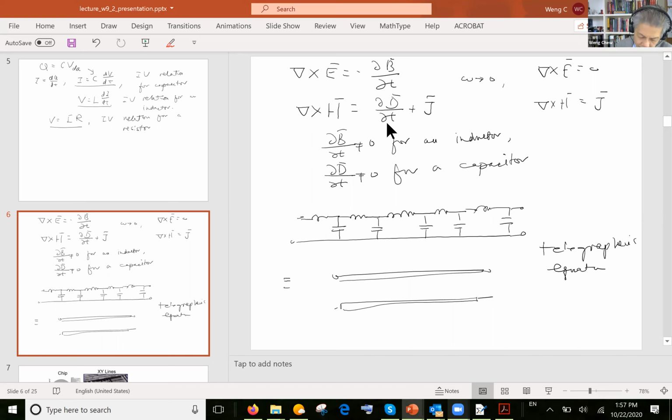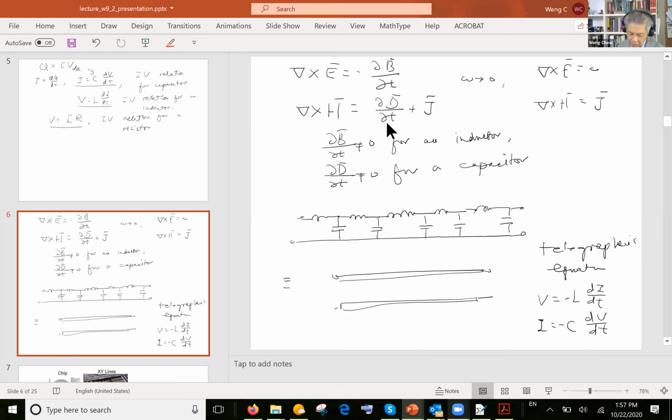From the Telegrapher's equation, we see wave phenomenon, where we have dV/dt equal to minus L dI/dt, and dI/dt equal to C dV/dt.